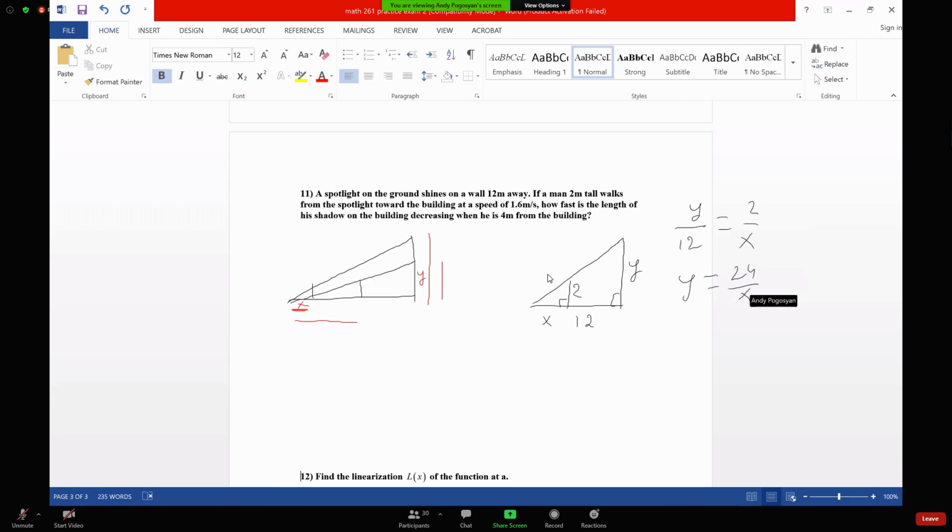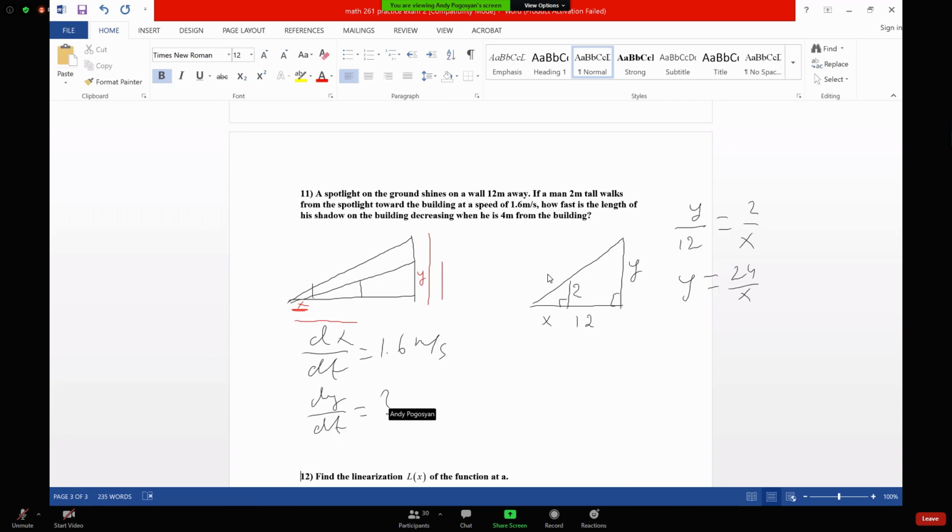Now y and x, both of them are functions of time. So it says the man, 2 meters tall, walks from the spotlight toward the building at the speed, so dx/dt is 1.6 meters per second. We need to find dy/dt.